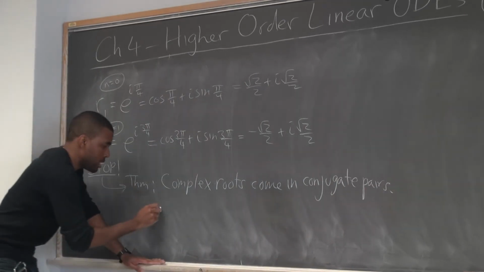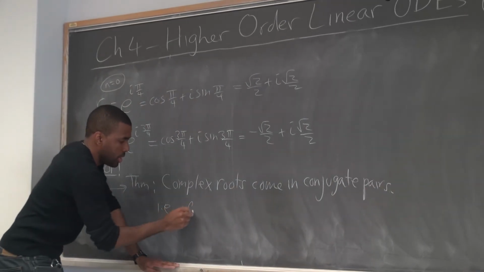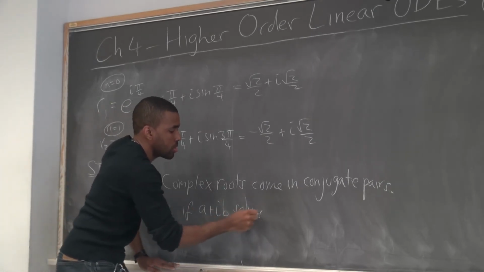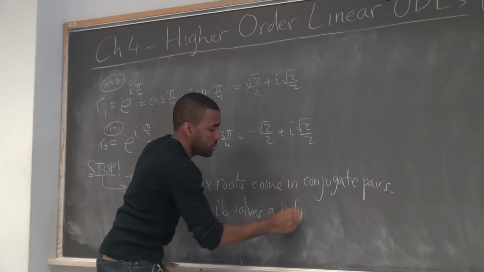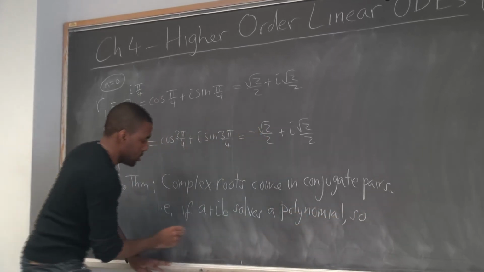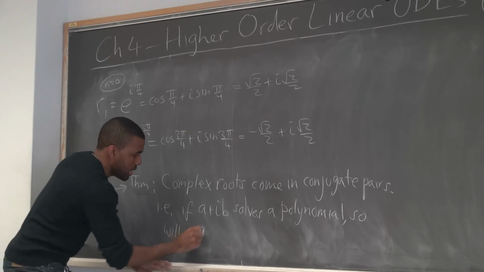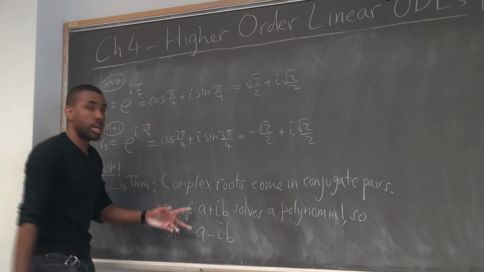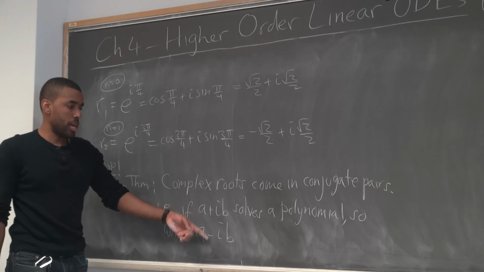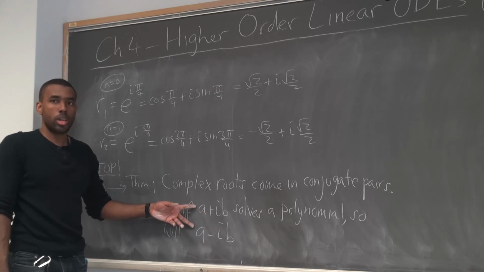Always. I.e., if a plus ib solves a polynomial, so will a minus ib. These guys are called conjugates, right? When you change the sign of the imaginary part, you get what's called a conjugate.